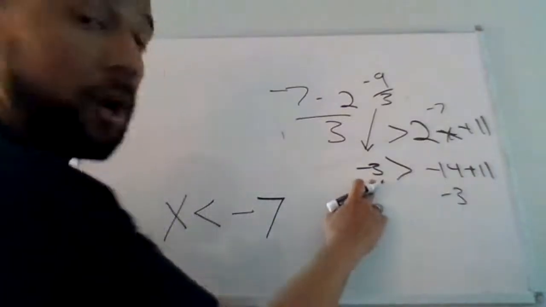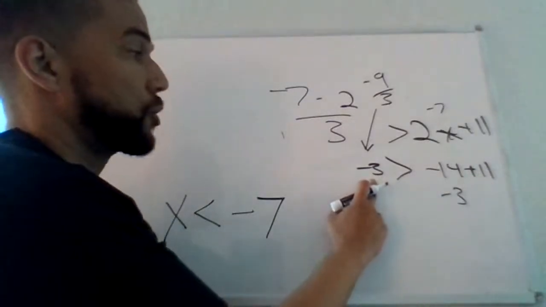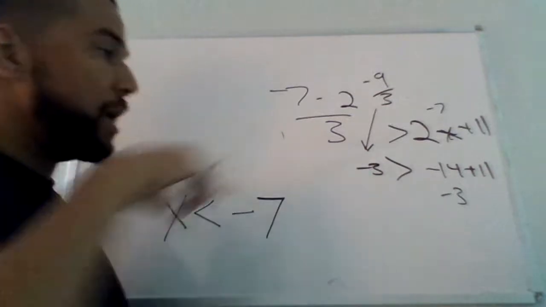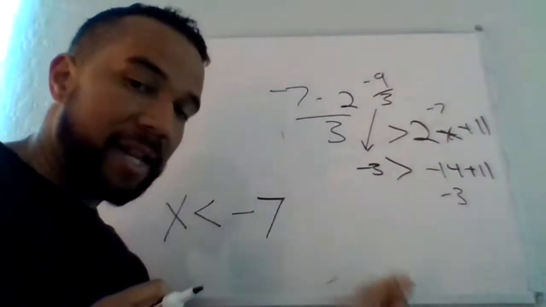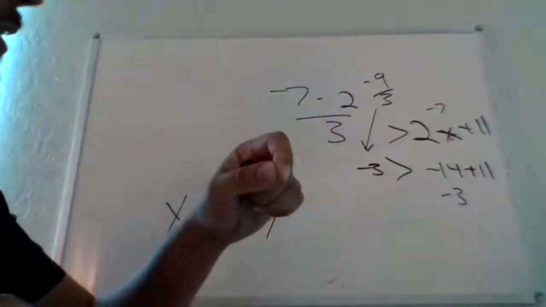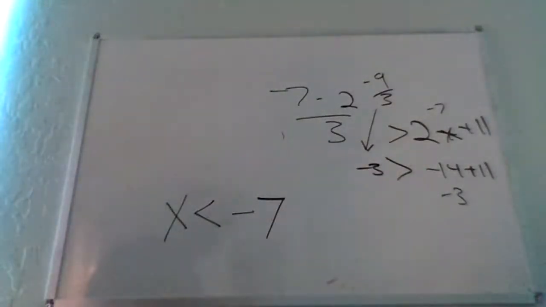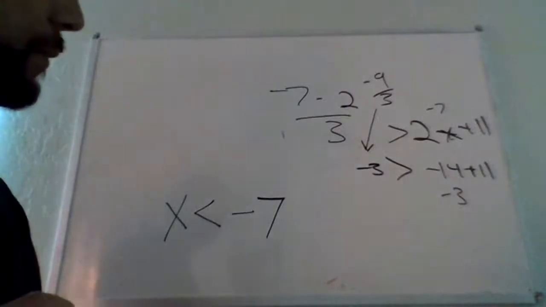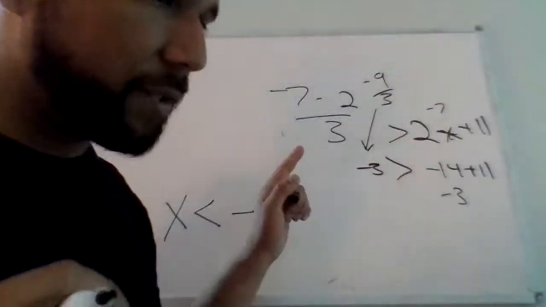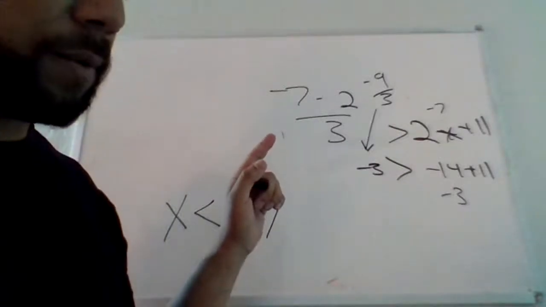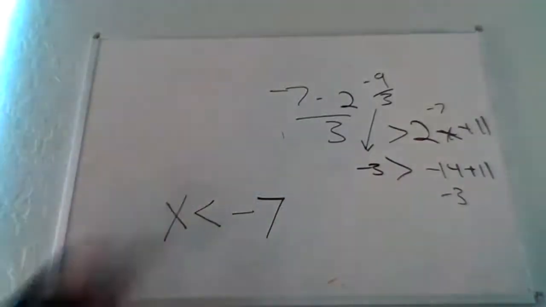So we know negative 3 is not going to make the solution true, right? So what's going to make the solution true? Any number that is greater than negative 3. All right, so let's see. What if it was negative 2? Well, negative 2 minus 2 would give you what?